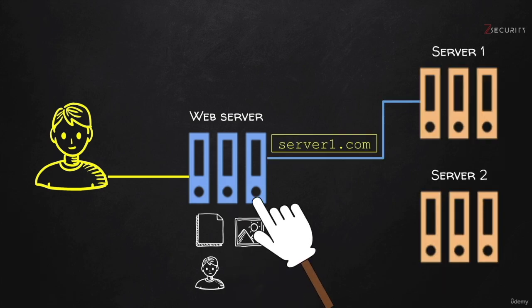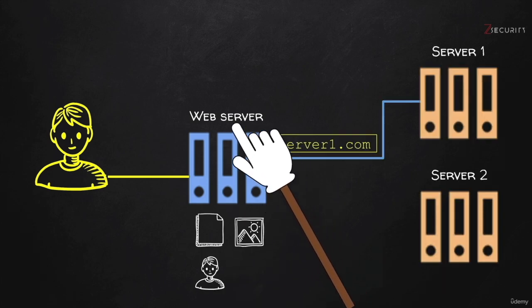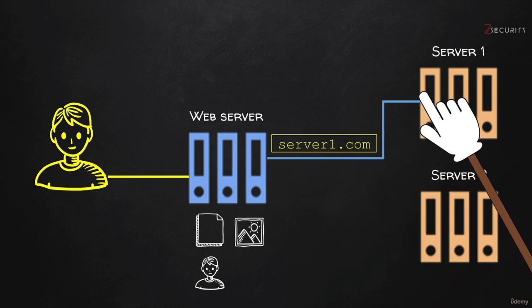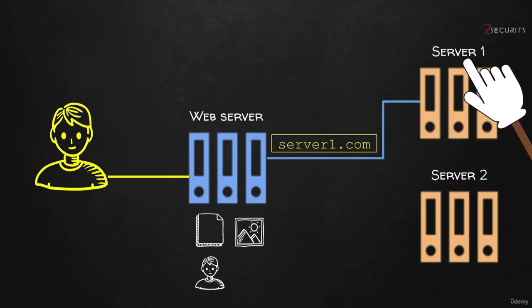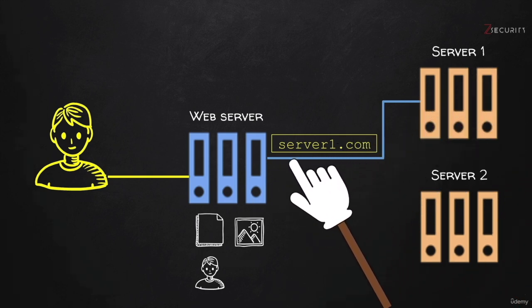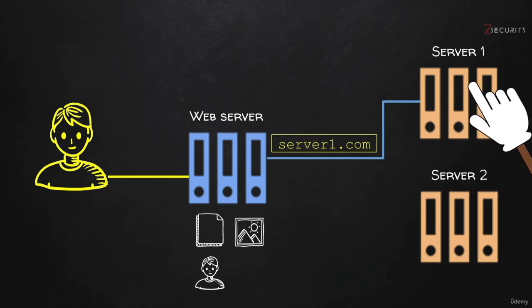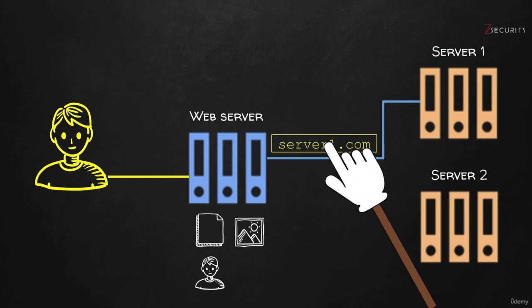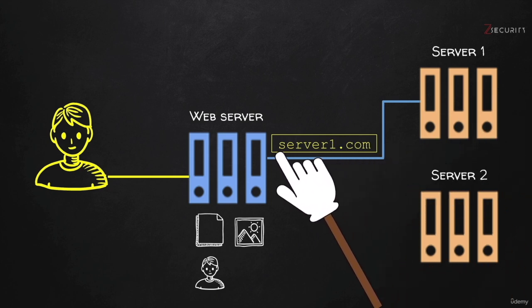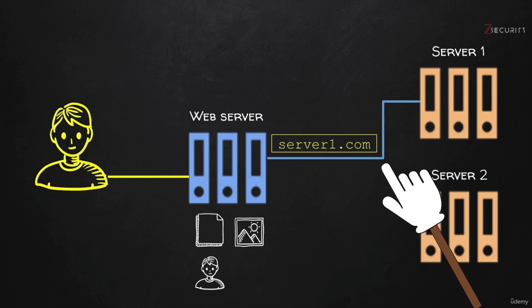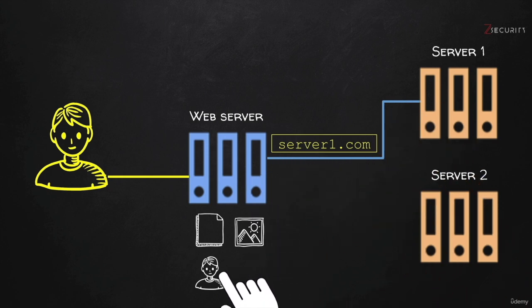For example, in here, we have an example of a web server that is communicating to another server that we're calling server 1. It's communicating to it by sending a request to this server's address, which is server1.com, or it could be the IP of this server. And then as a result, it's getting user information.